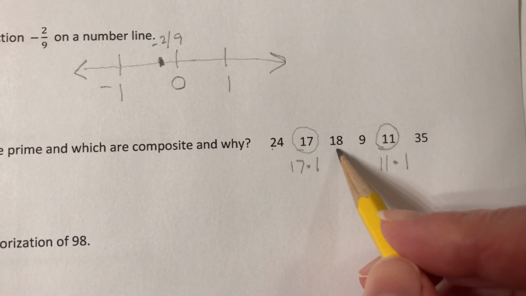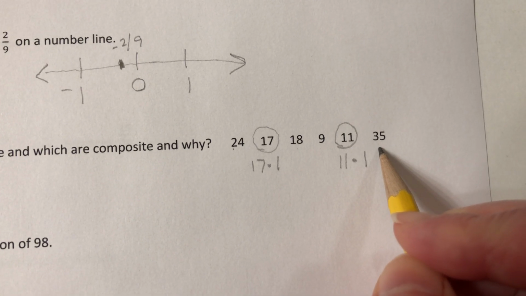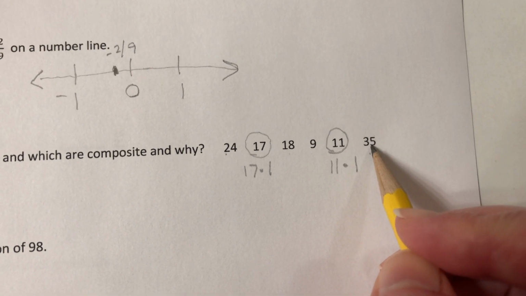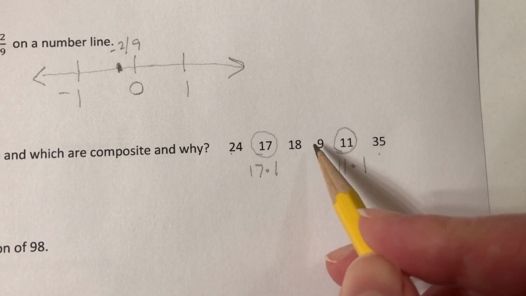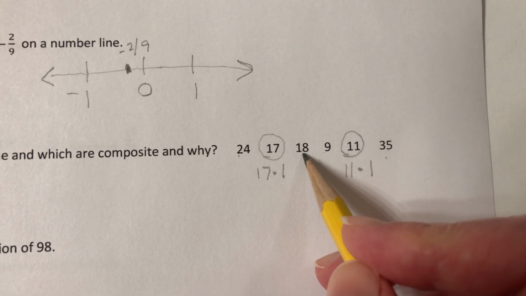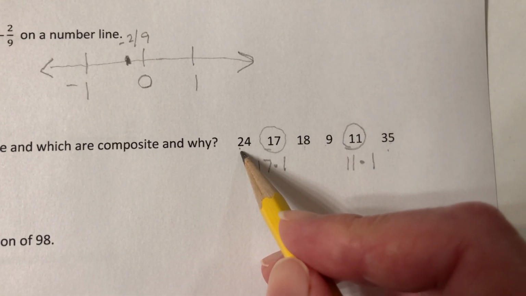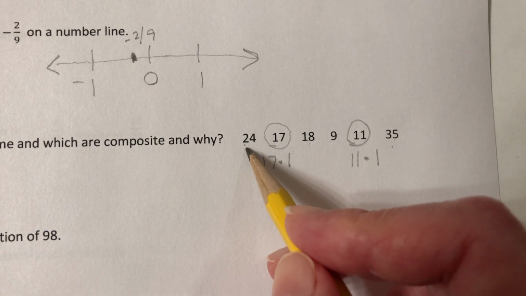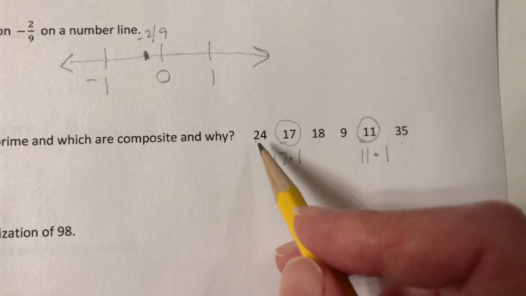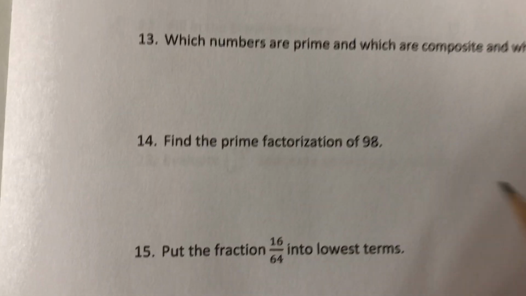The other numbers are composite because they have other factors. For example, 35 is 7 times 5. 9 is 3 times 3. 18 is 6 times 3 or 9 times 2. 24 can be 12 times 2 or 8 times 3 or 6 times 4. There are a lot of other factors, so these are called composite.